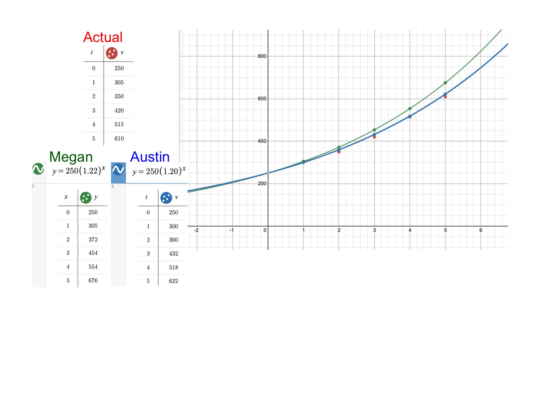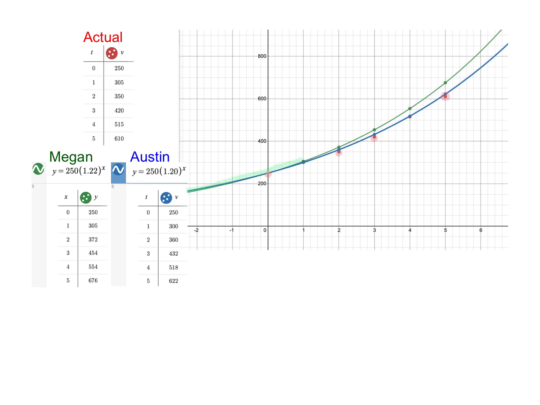I just want to show you the actual graphs of the curves for each of our equations. Obviously, you could do these in decimals, but here's what they look like. The actual points are plotted in red, and I know they're kind of hard to see, but here's one, here's one, here's one. Then we have Megan's curve in green here.